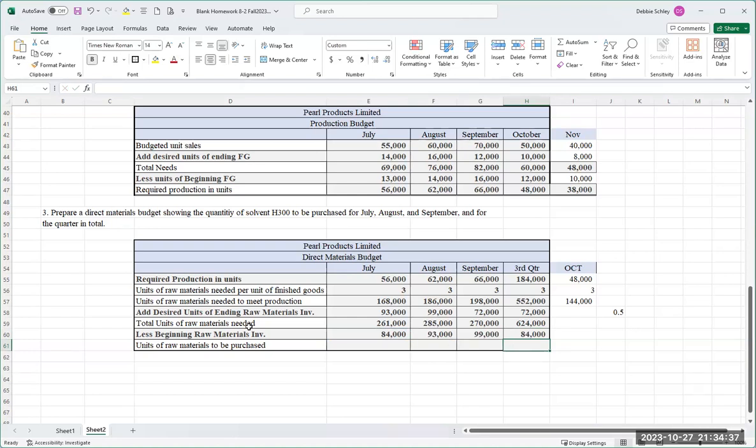Then we do exactly what this says: total units of raw materials needed less beginning raw materials inventories. We're going to take this minus this, and it's really important to do that in this column as well. Okay, so that is how you figure out required 3 of question 2.